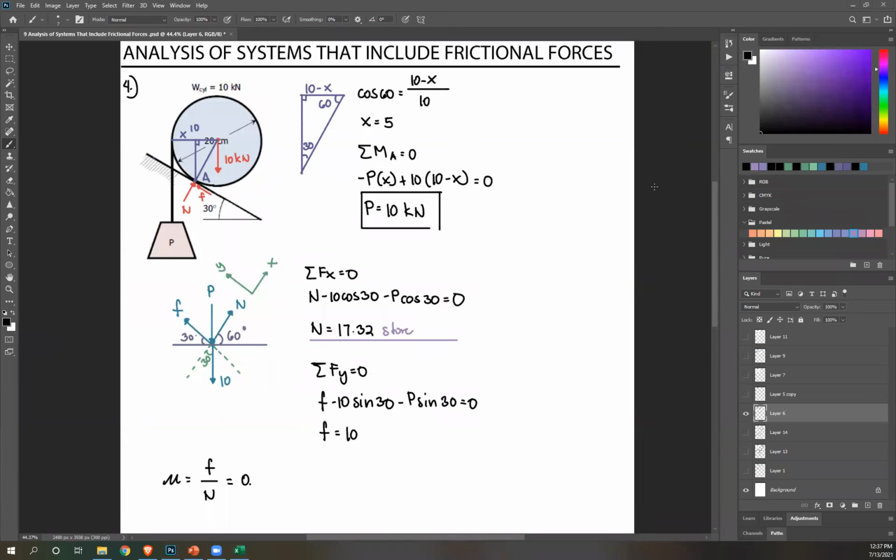So 0.58 if we're rounding off to 2 decimal places. Okay, so that's our answer. That's number 4. Any questions for number 4?